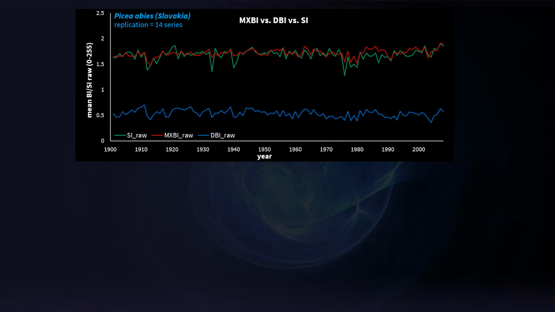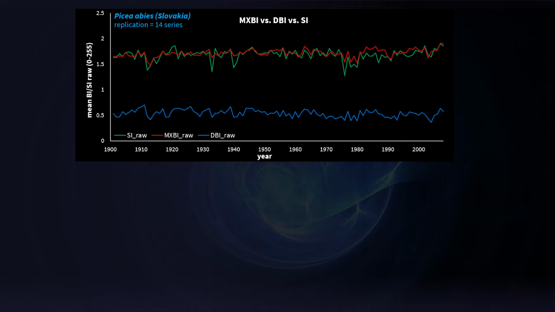When we look at the surface intensity version, we see very similar mean levels to maximum blue intensity, with the difference that there's considerably more variance in the data set and in this time series.